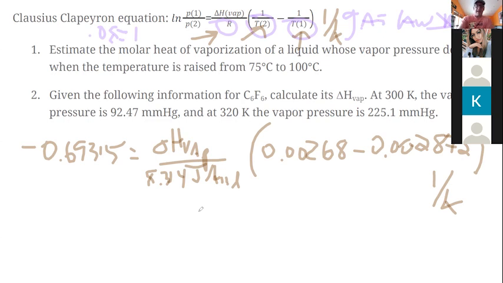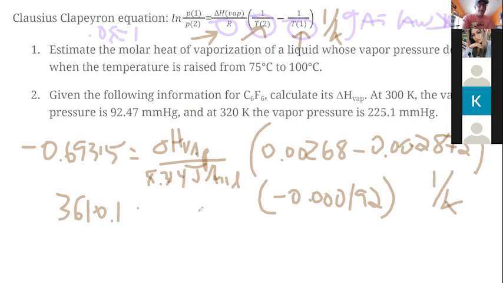So when we do the math, that is minus 0.00192. So I divide each side by 0.00192, and I'm left with 3,610.1 equals delta H vap over 8.314 joules per Kelvin per mole.